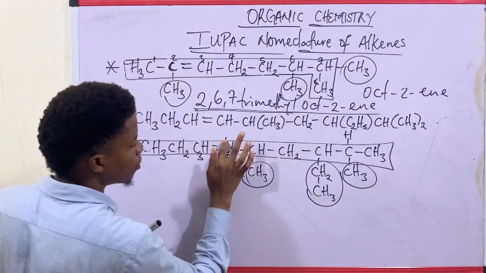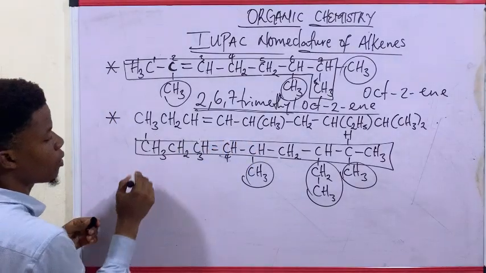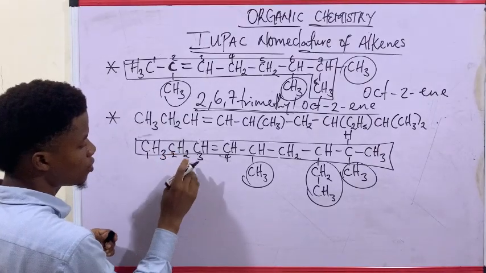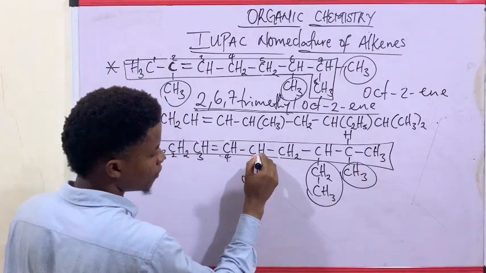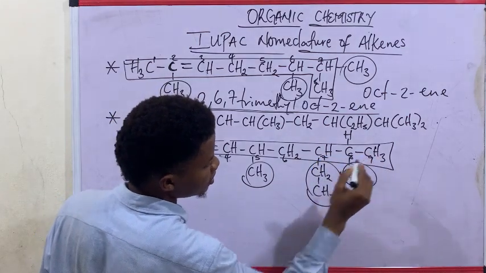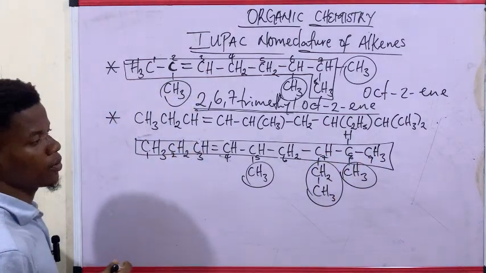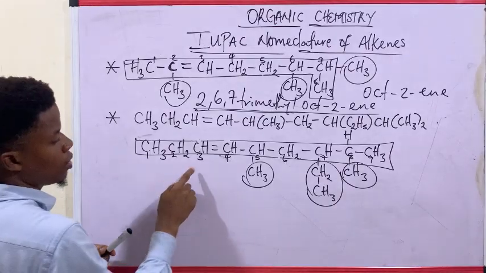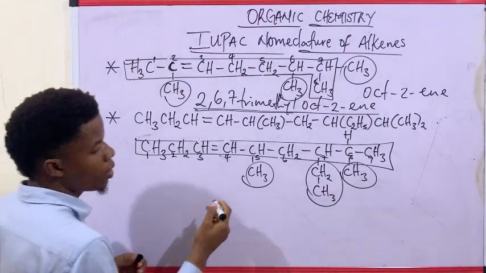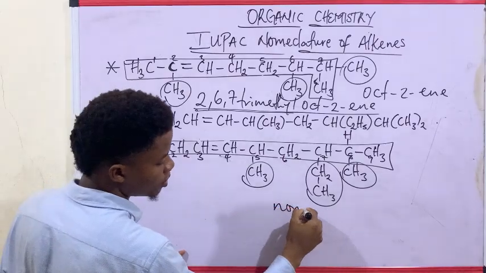So we start our 1 from here. So this is our 1. Okay, let me just put it down. 1, 2, this 3, 4, 5, 6, 7, 8, 9. Alright. So between 3 and 4, which one is smaller? 3. So therefore, our parent chain is now non-3-ene.